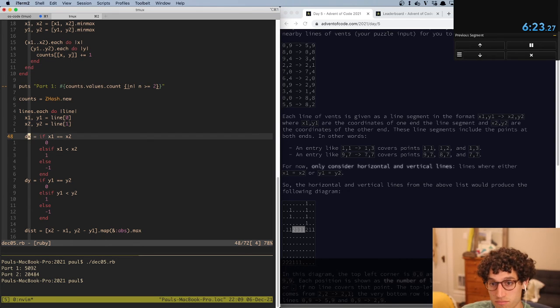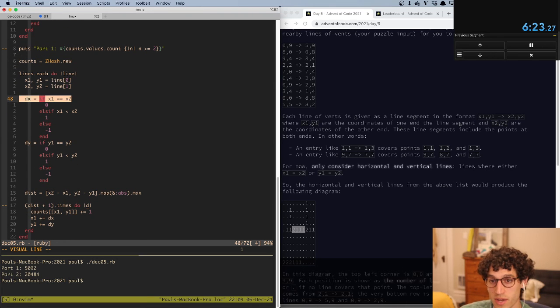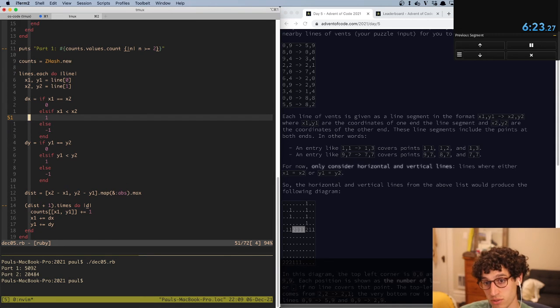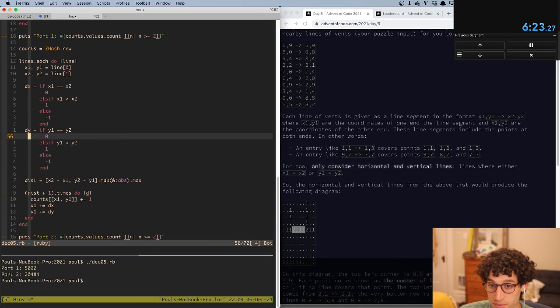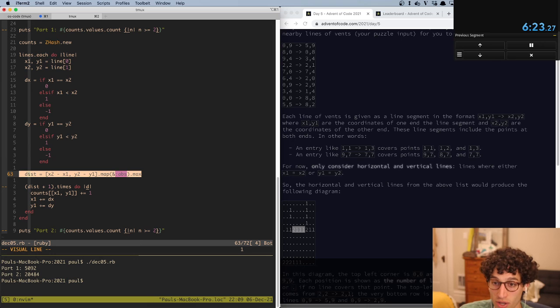So I just said, all right, this is my change in x coordinates, which is either 0 if they're the same, or 1 if x1 is less than x2, or -1 if x1 is greater than x2, and then same for y. And then I figure out how long I have to go, which is basically I compute the deltas in both directions, get their absolute values, and then take the max.